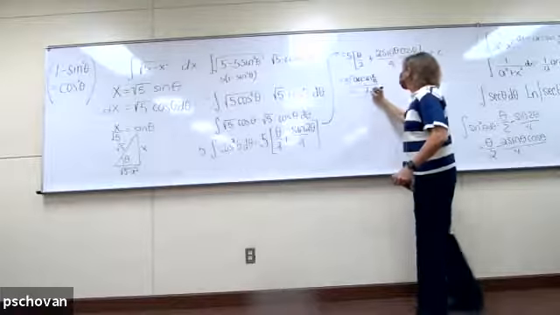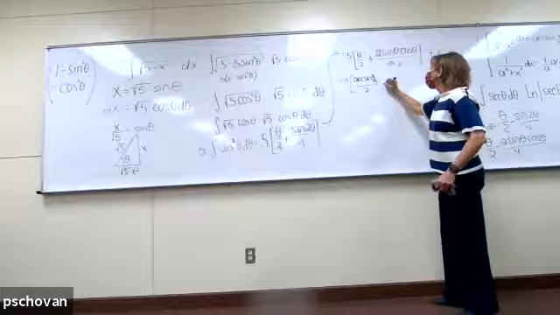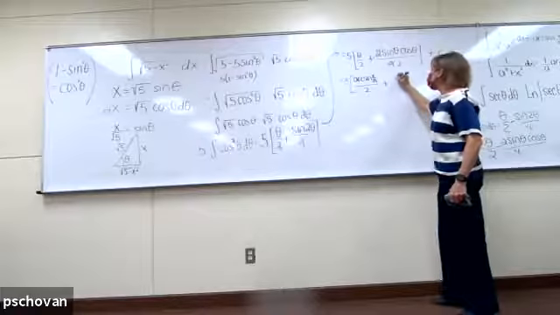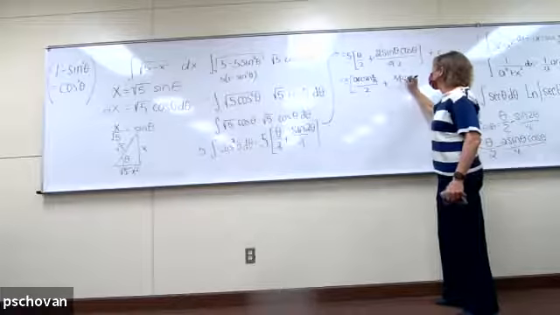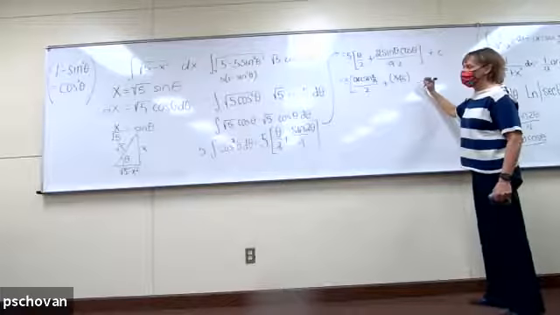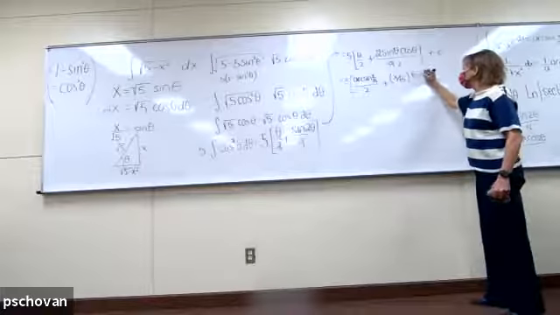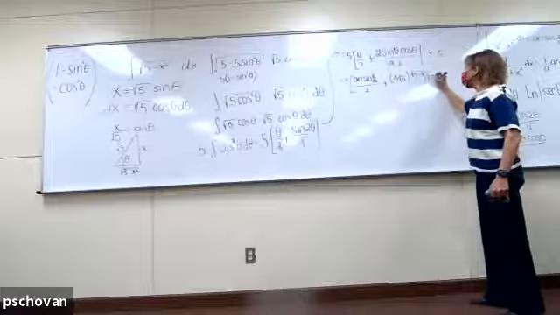All that's divided by 2. We cancel that 2. Then I have the sine of theta, which is x over the square root of 5. The cosine of theta is adjacent, the square root of 5 minus x squared over the square root of 5.